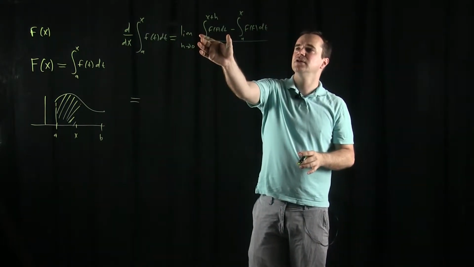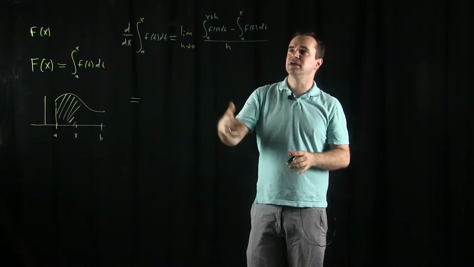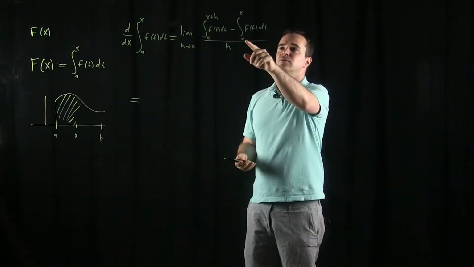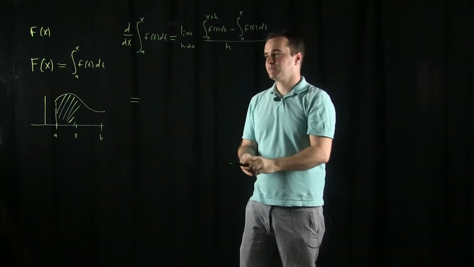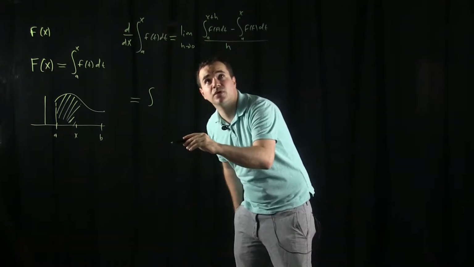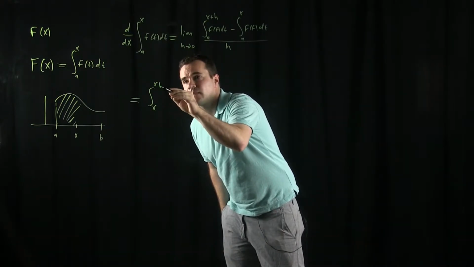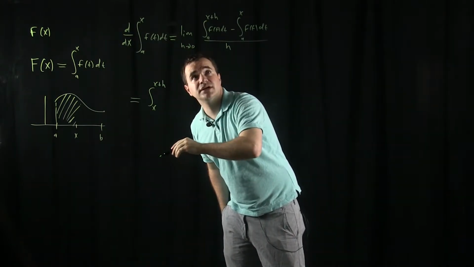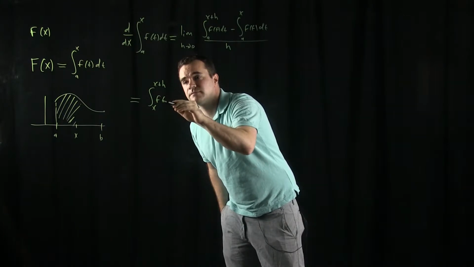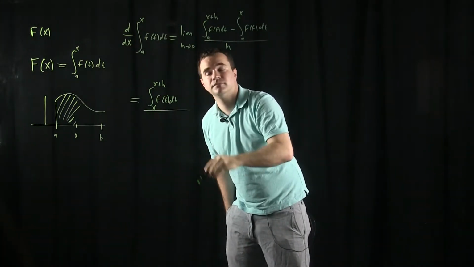Think of this one as equal to the integral from a to x plus the integral from x to x plus h. And then that's going to cancel with this integral from a to x. What you're going to be left with is just the integral from x to x plus h of f of t dt, all over h.